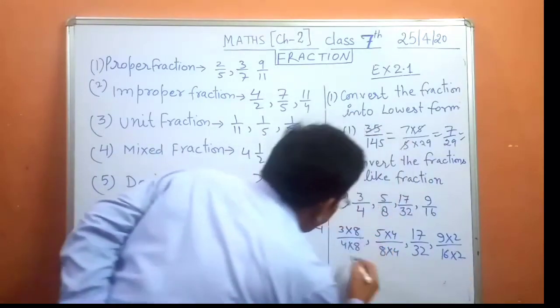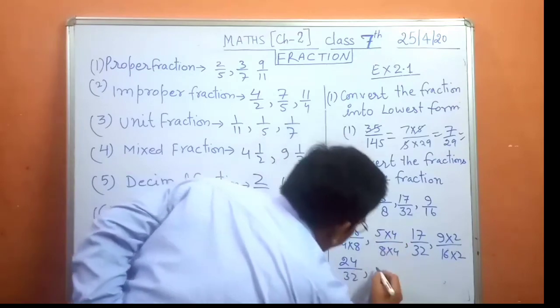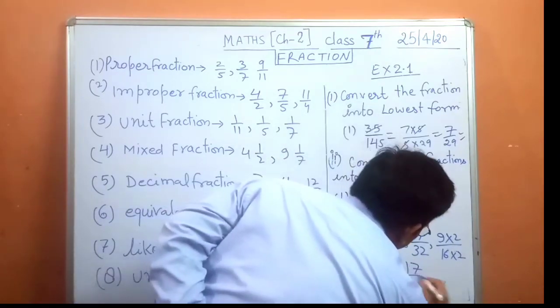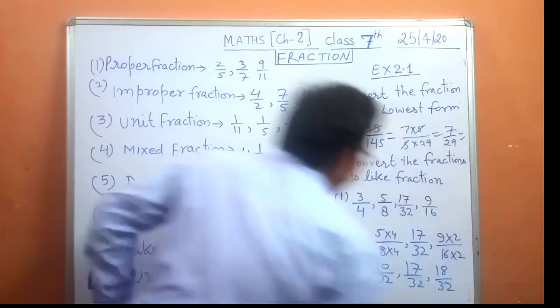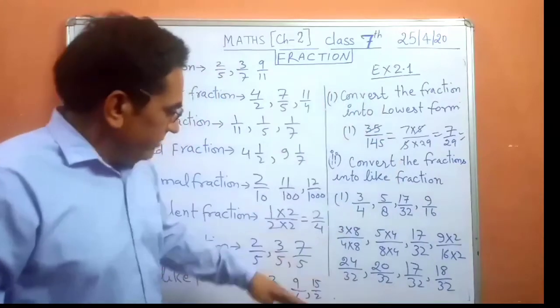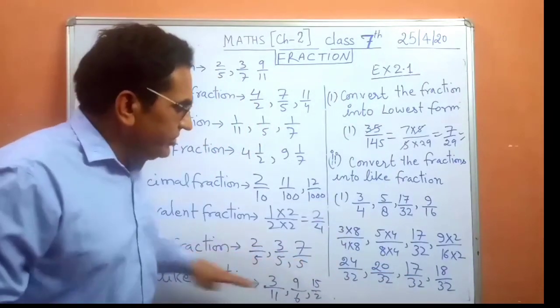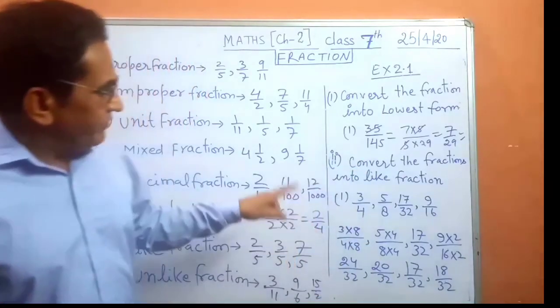And now 24 upon 32, 20 upon 32, 17 upon 32 and 18 upon 32. Now these fractions have become like fractions because their denominators are equal, their denominators are the same. So in this way, we change fractions into like fractions.